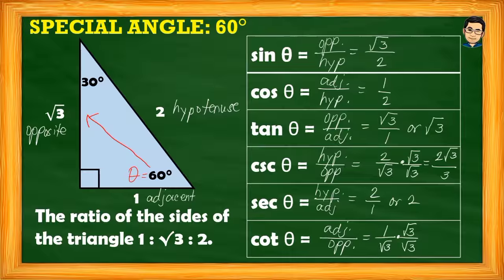Tanggalin natin yung radical. Kung hindi man siya mawala, mapunta po siya sa numerator. So, 1 times square root of 3, square root of 3. And then square root of 3 times square root of 3, square root of 9. Square root of 9 is 3. So, ibig sabihin, cotangent 60 degrees is equal to square root of 3 over 3.